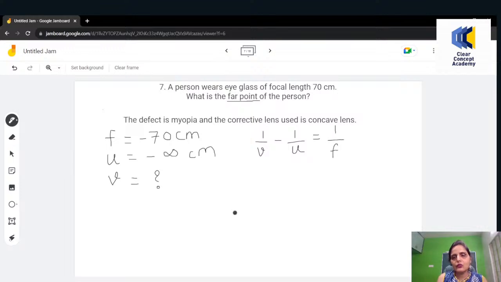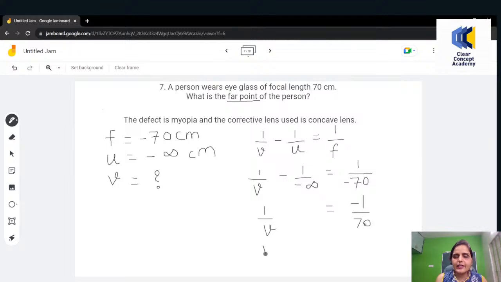Substitute the values. 1 by v is unknown. Minus 1 by u is 1 upon minus infinity. 1 upon positive infinity or negative infinity is always 0. So we get 1 by v minus 0 is 1 by v itself. So 1 by v is equal to minus 1 by 70.